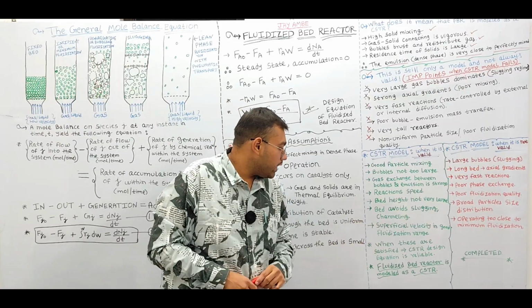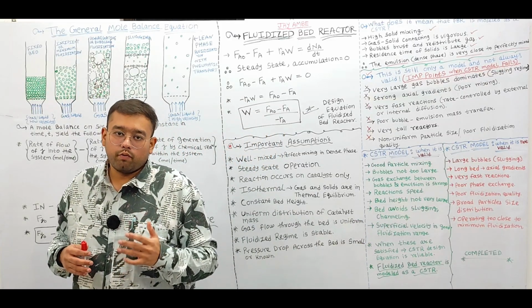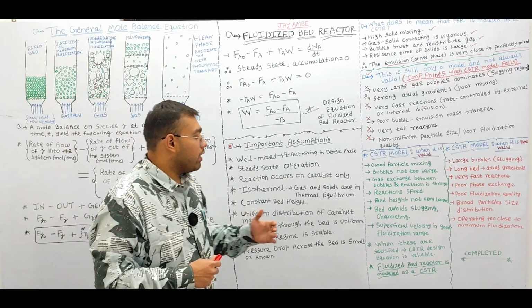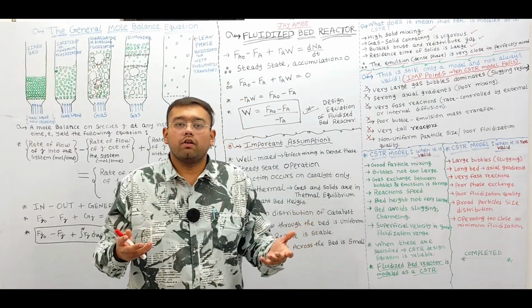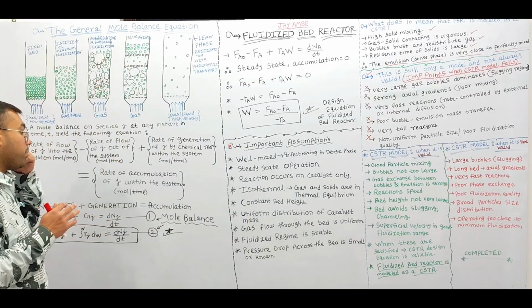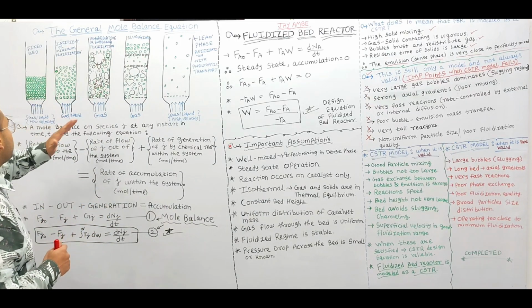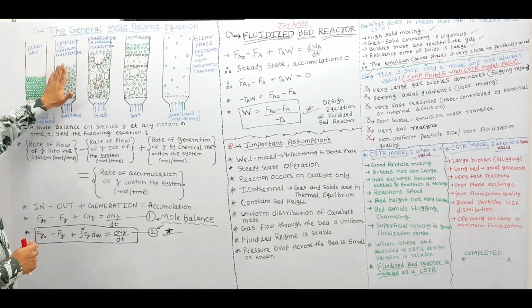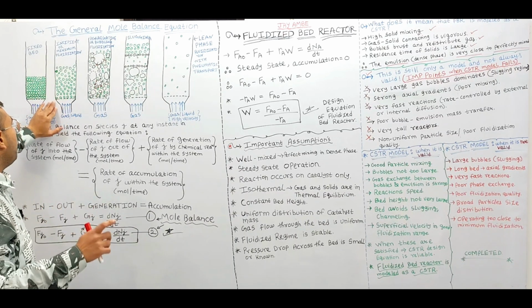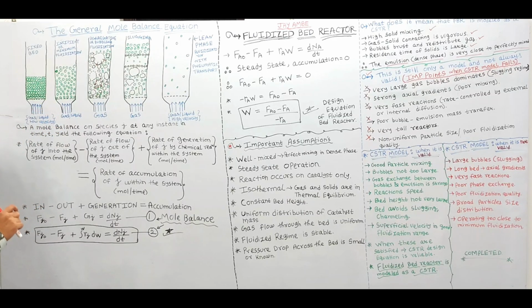The superficial velocity should be in the good fluidization range. Now, the superficial velocity means the imaginary velocity. In order to understand the superficial velocity, we need to assume that there are no solid catalysts present in the fluidized bed reactor. Okay, but in reality the solid catalysts are present.